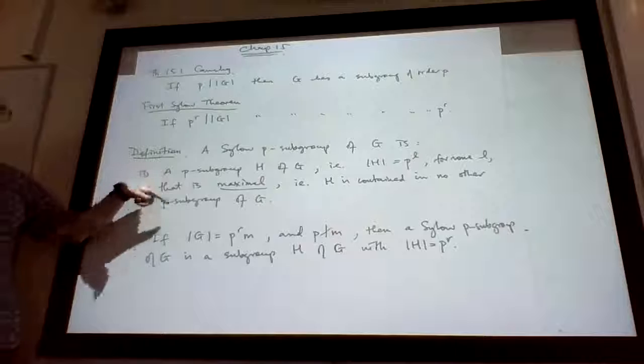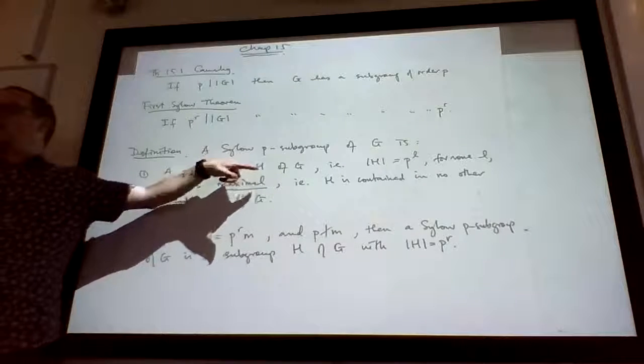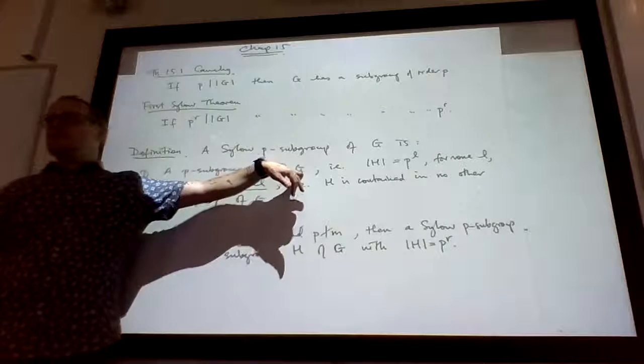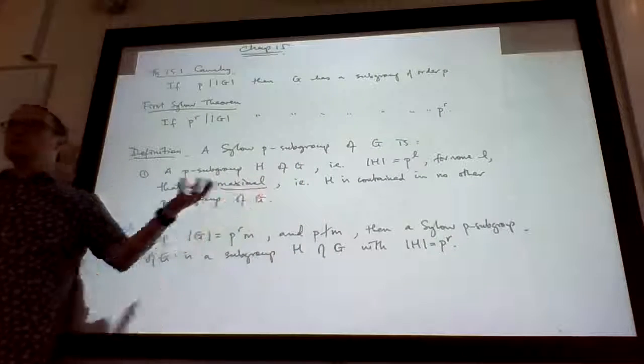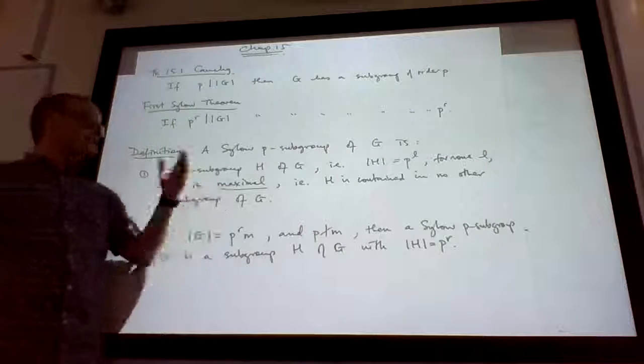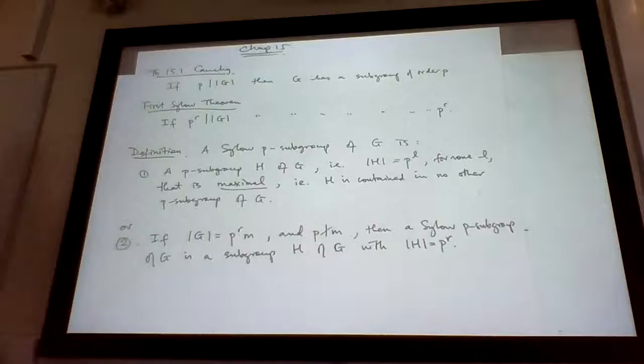Whereas this definition doesn't explicitly insist that G is finite. It just talks about a subgroup of a certain type of G, namely a P subgroup. All its elements have finite order some power of P, and it says it's maximal. It's not contained in any bigger one. So definition 1 could be applied to infinite groups.